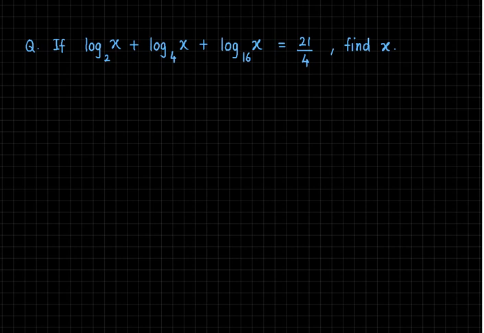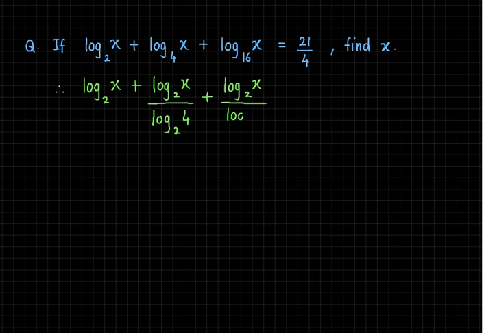So we can write the first term as it is, that is log x to the base 2. The second term we can write as log x to the new base 2 upon log 4 to the new base 2, plus similarly the third term, log x to the base 2 upon log 16 to the base 2, and that is given to be equal to 21 by 4.